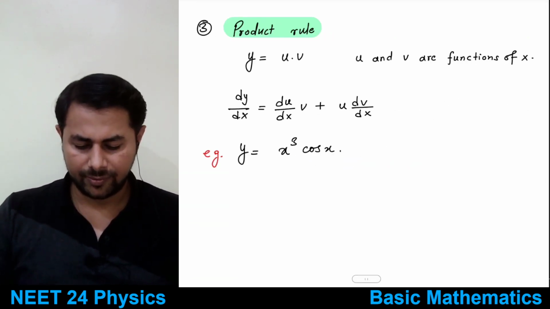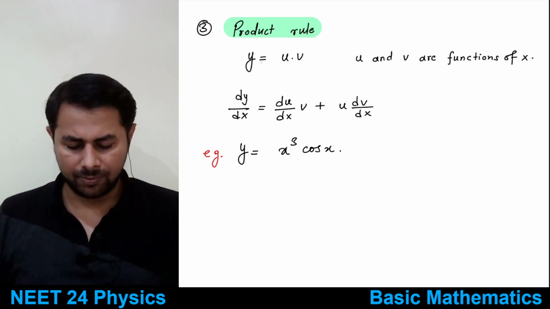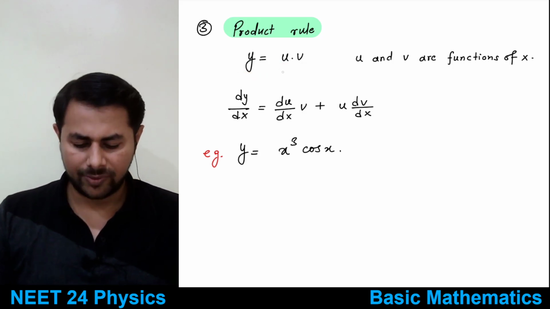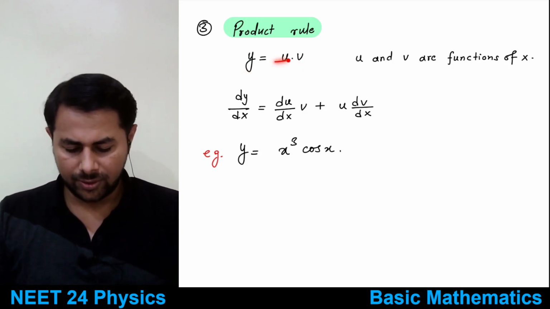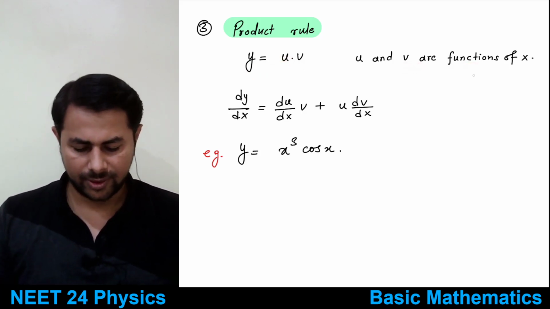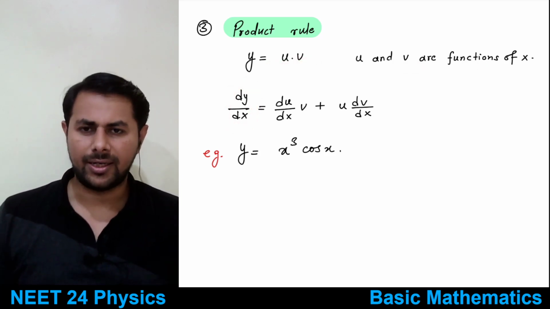Next one is the product rule, or multiplication rule. Suppose y is equal to u times v, where u is a function of x and v is also a function of x. What is dy by dx?